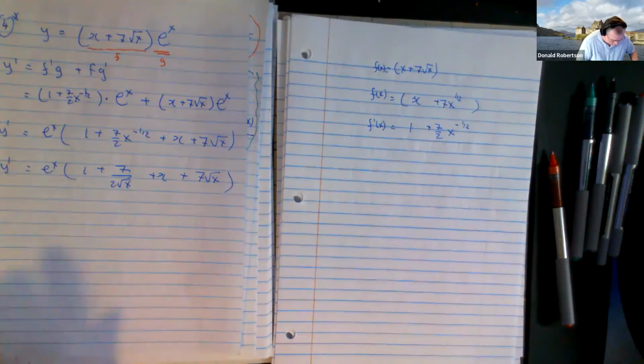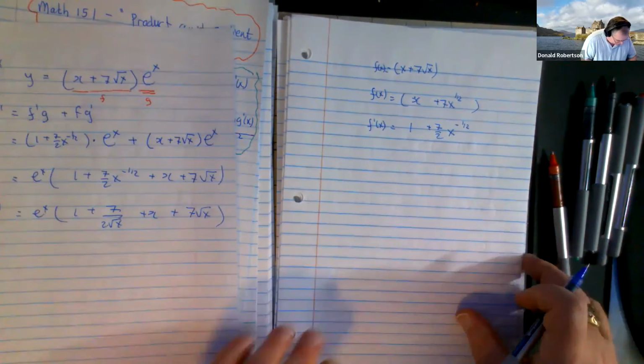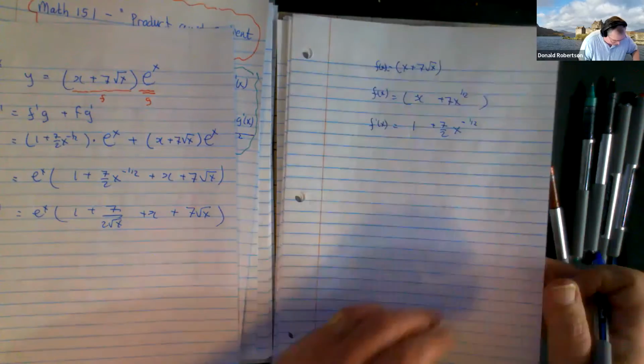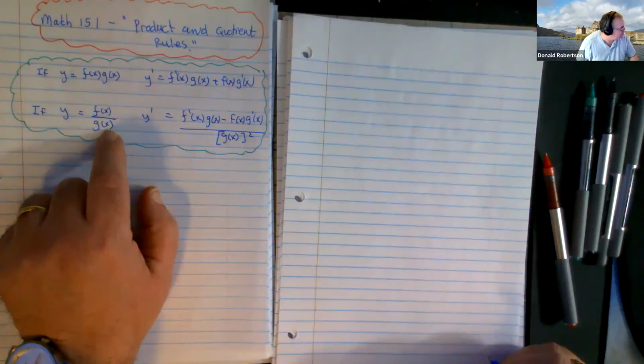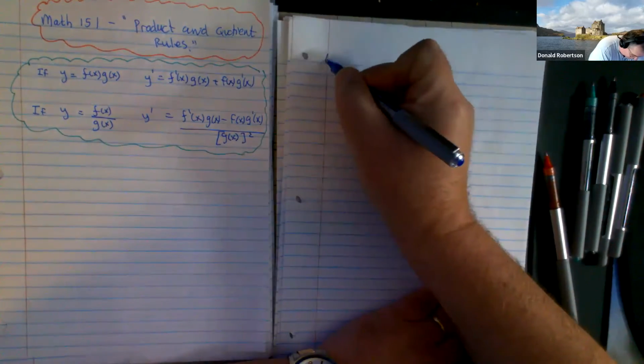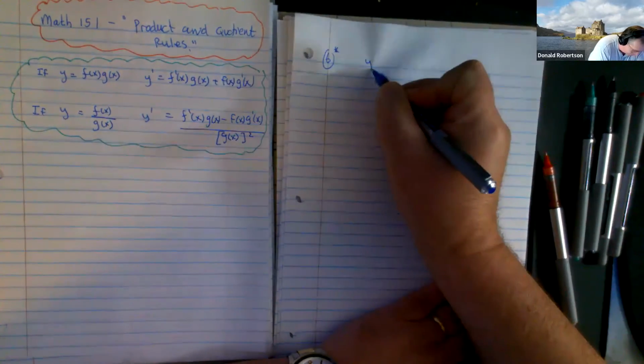Okay, time to show you the quotient rule now. So a quotient rule is used when the original function is some kind of fraction. So this one is similar to question 6.